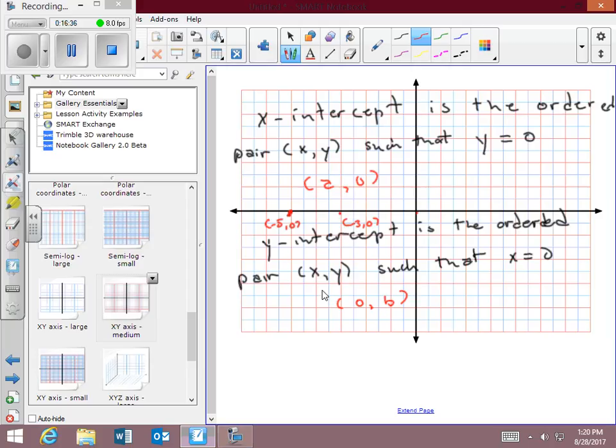This is 0, 0. This particular point right out here is 4, 0. Any point on the x-axis always has as a second element what? y is 0. You're going to be on the x-axis. So the point where a graph crosses the x-axis will always be y is 0.